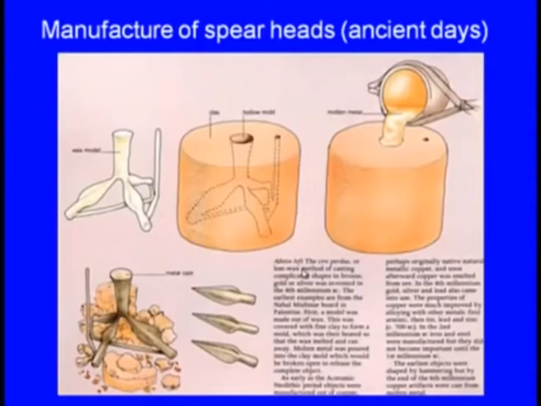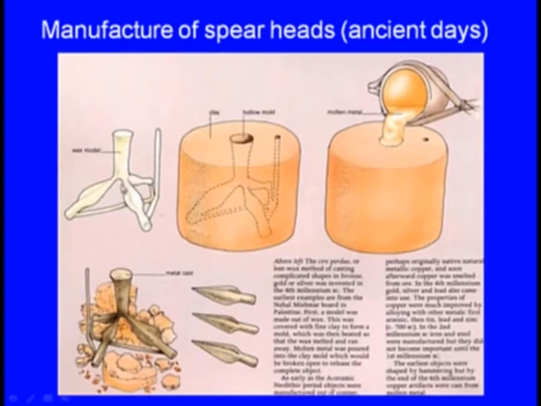Here you can see, first of all they wanted to manufacture 3 spearheads. What they did is, they made a wax model. Here you can see this is one spearhead, this is another spearhead, and this is the third spearhead. Actually these are the wax models.